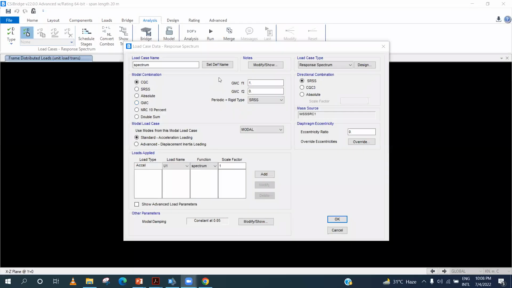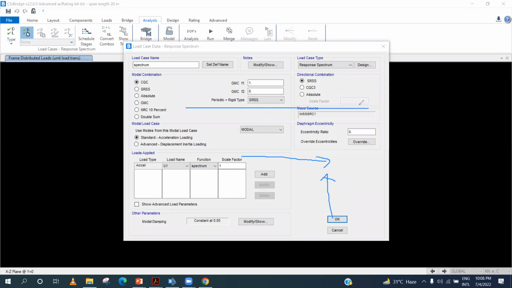The other thing is: use the standard acceleration loading, use modes from the modal load case. This will be the default. As I told you, we apply earthquakes in two directions, one in the longitudinal direction and one in the transverse direction.